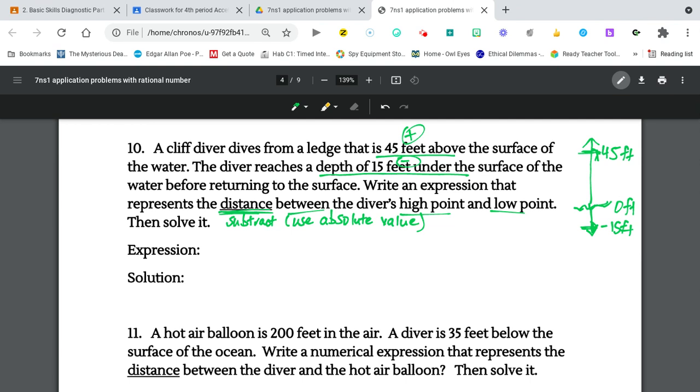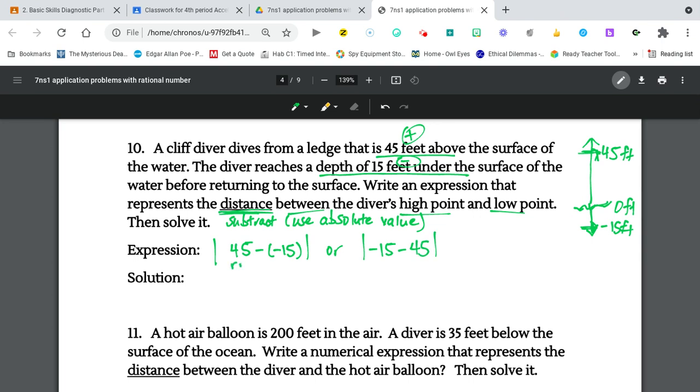It's always with distance because distance can never be negative, guys. So you could write 45 minus negative 15, because you're subtracting a negative, put it in parentheses. Or you could write negative 15 minus the other number, which was 45.